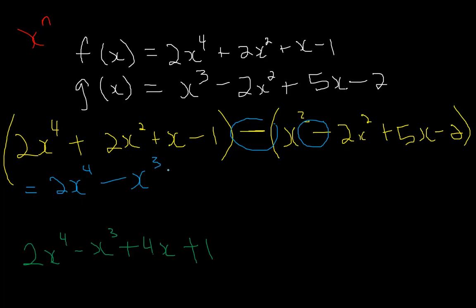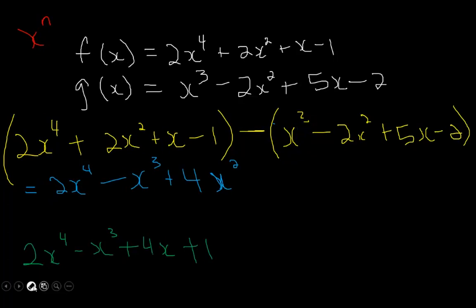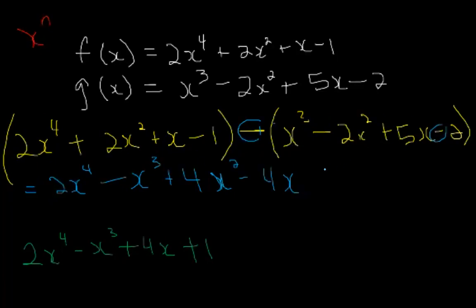That's 2x squared plus 2x squared, which is 4x squared. If you need me to slow down, just tell me. I'm just going a little fast because I know algebra is something you're always doing. So this shouldn't be too difficult. X minus 5x, that's minus 4x. Minus 1 minus 2, so that's minus 1 plus 2, which is plus 1.